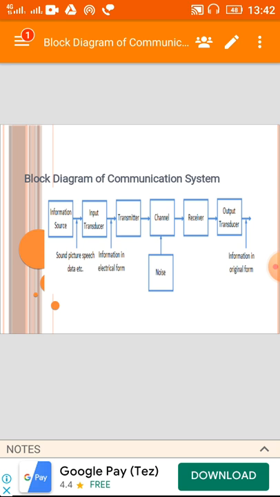Overall, the electronic equipment which are used for communication purpose are called communication equipments. Different communication equipments when assembled together form a communication system.